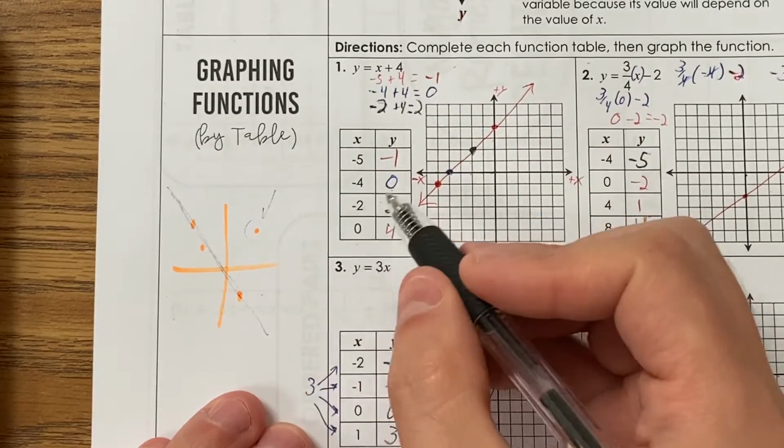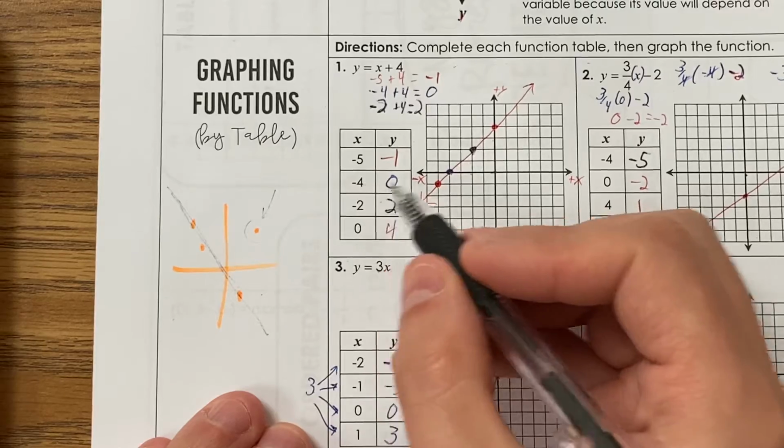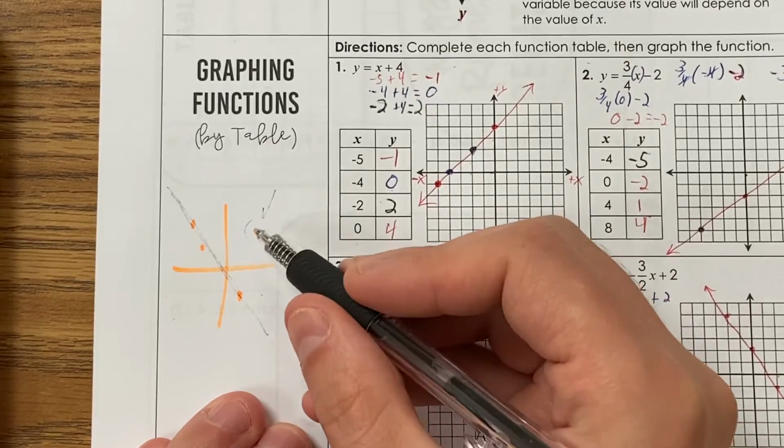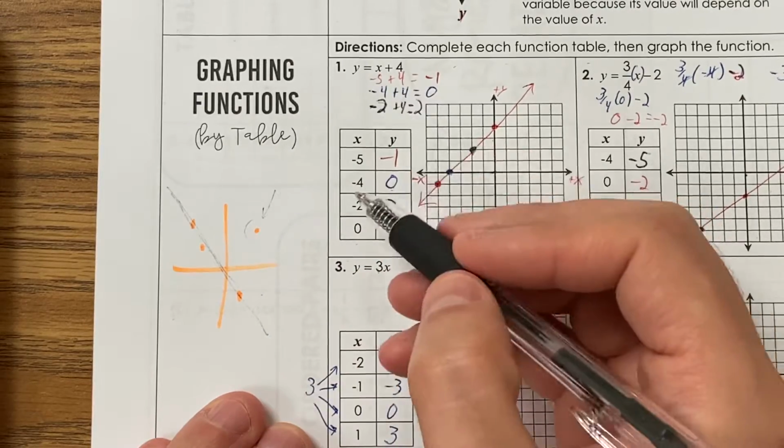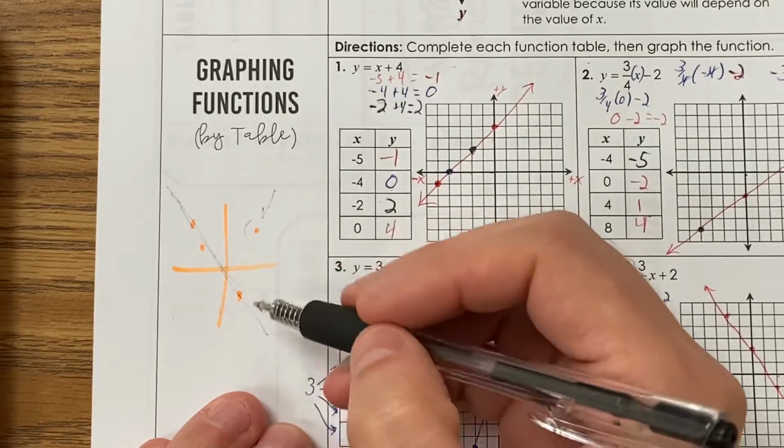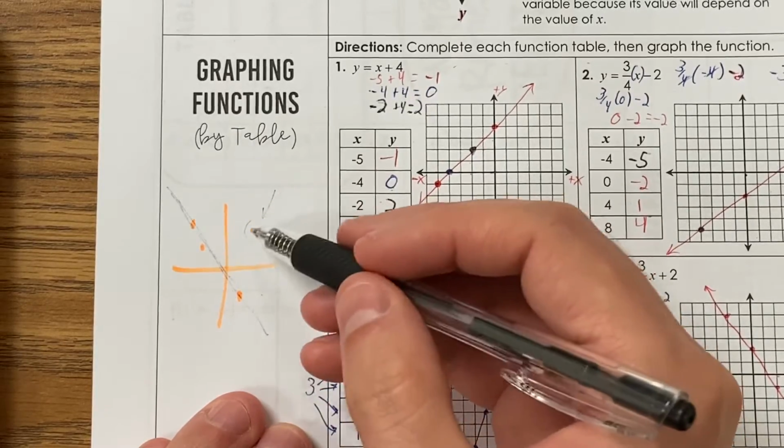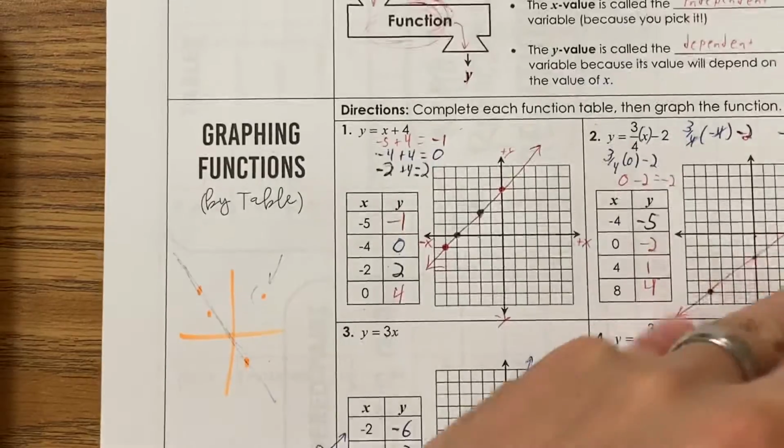So I would go back to the table and either see if I plotted the point wrong or maybe I got the wrong number. But if you're seeing one of these things is not like the other, then just go back and check it. Okay.